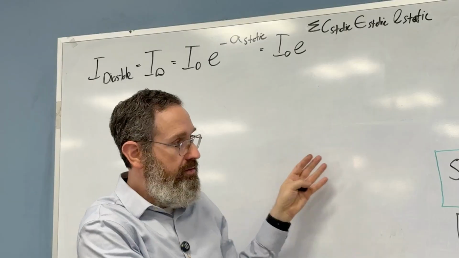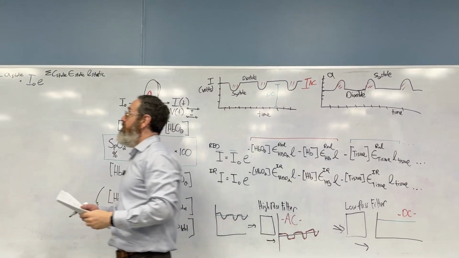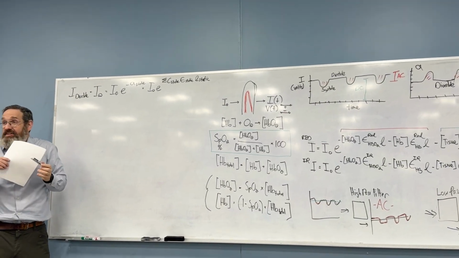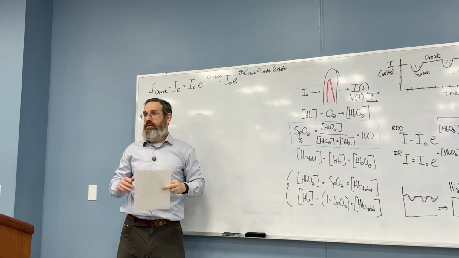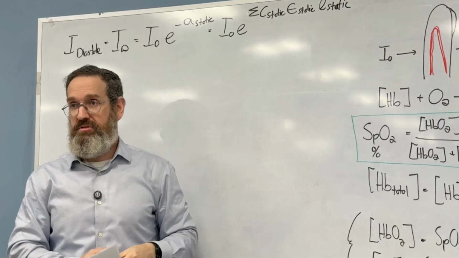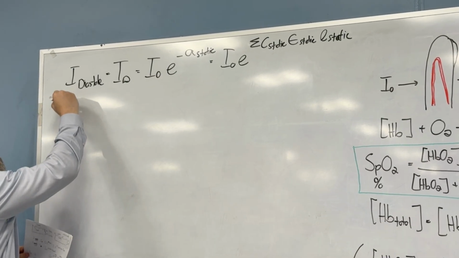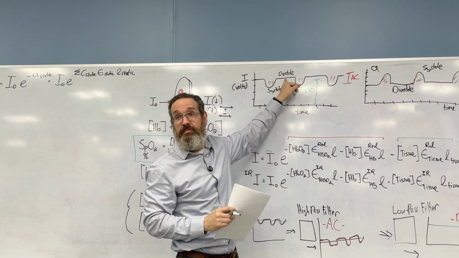That's what we did here. We have to add up these terms. But I'm only saying that when the heart is relaxing, I'm going to group all those things that are just normally there, including any blood that still happens to be there. And that is the equation for the amount of light I have here.